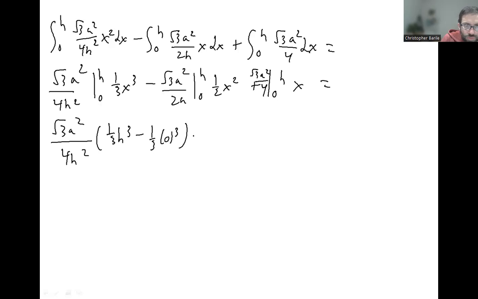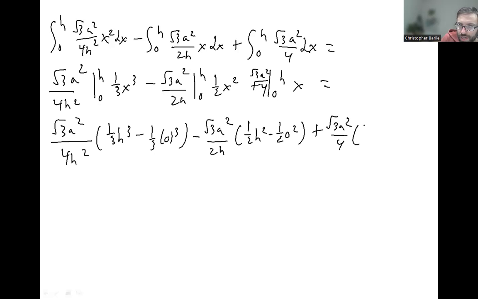And we're going to have something similar on this side: 1/2 h squared minus 1/2 0 squared. So that part's going to cancel out. And this is going to be root 3 a squared over 4 times h minus 0, which is going to be h. So we get all this, getting rid of the 0 terms here.